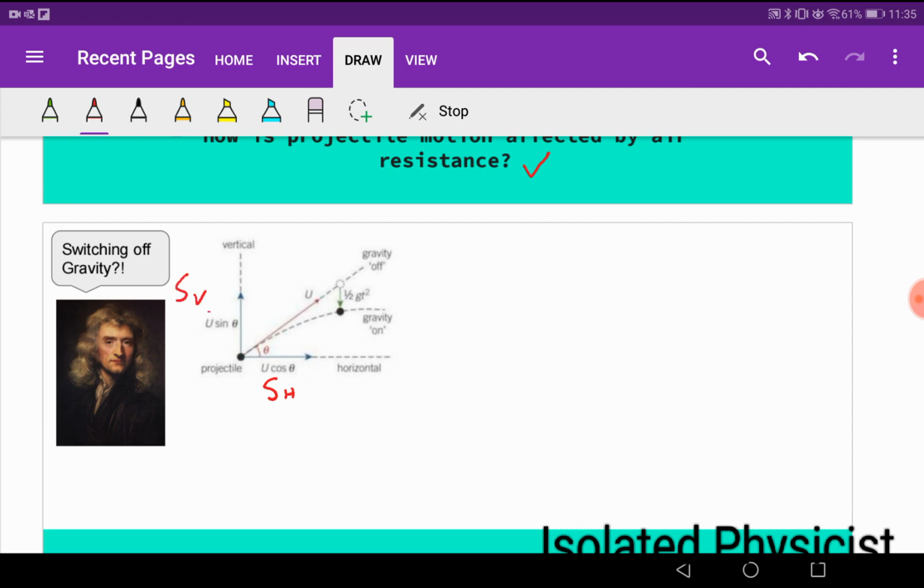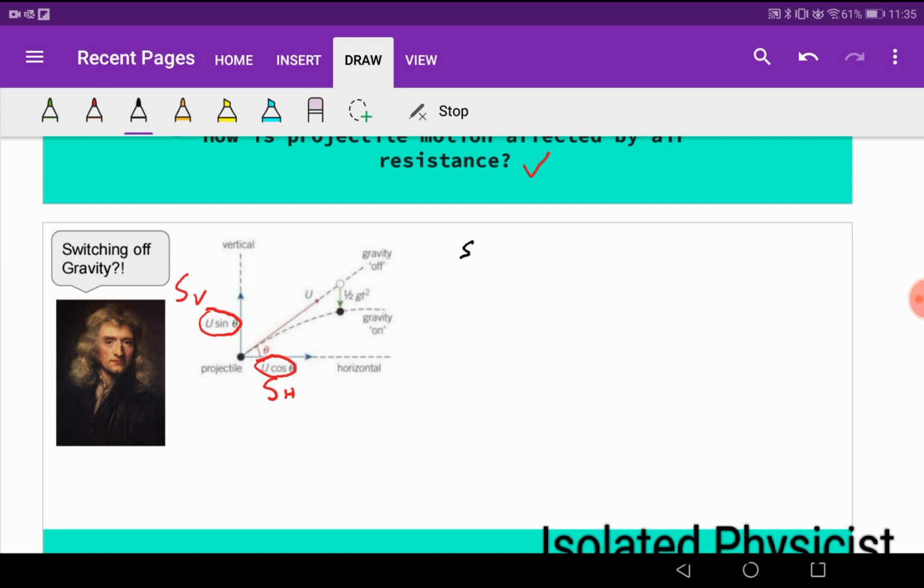And this u sine theta is the initial velocity in the vertical plane, and this initial velocity in the horizontal plane, this u cos theta. And what they're saying is, well, what would the velocities look like if gravity was left off? Well, let's just have a quick look at that. I'll just draw my SUVAT table.